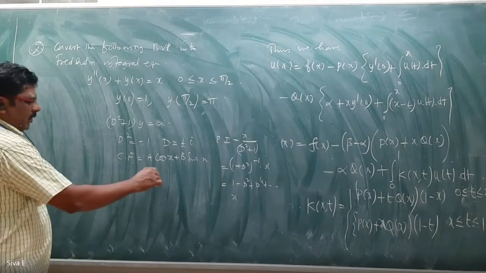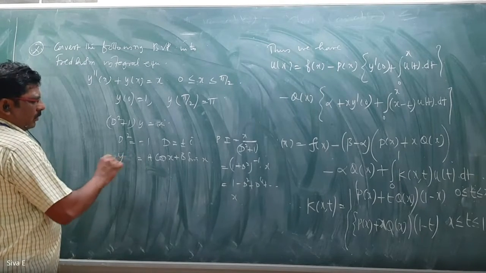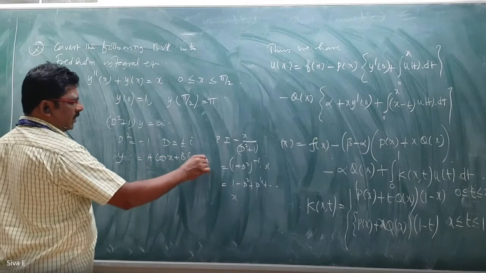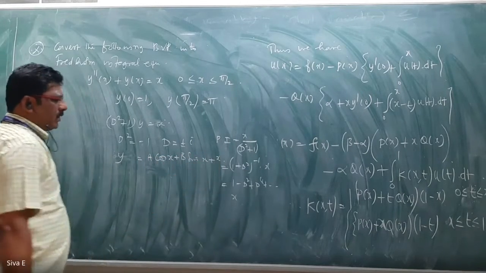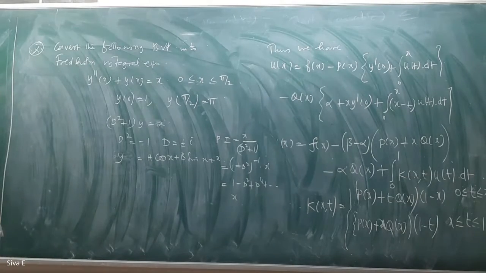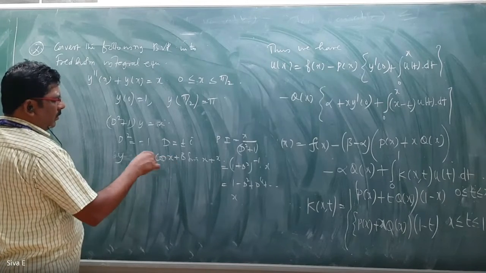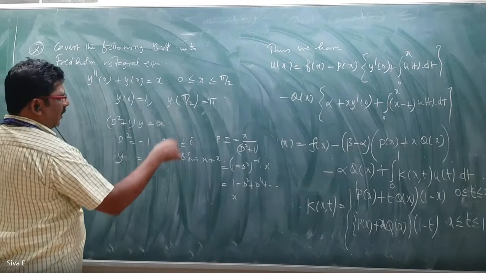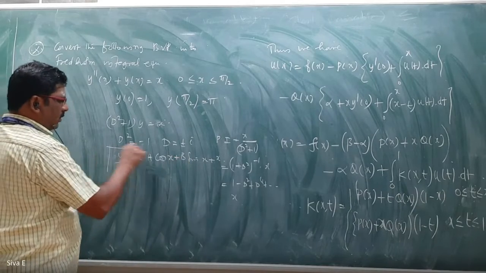So plus x will be there. Finally we get y equal to a cos x plus b sin x plus x. If you substitute x equal to 0 here, you will get a value, and if you substitute pi by 2 here, you will get the b value. So easily you can solve this.